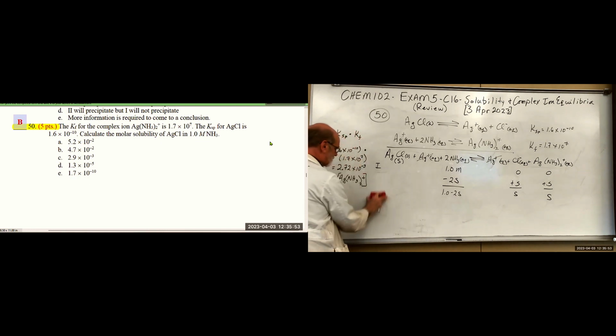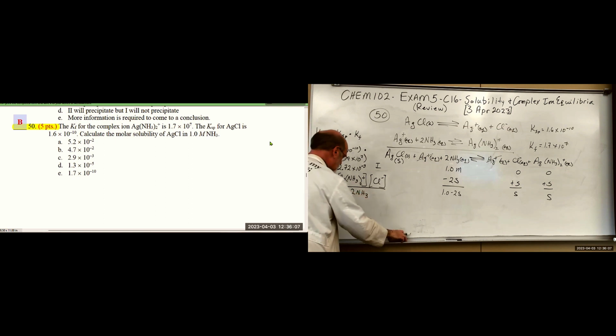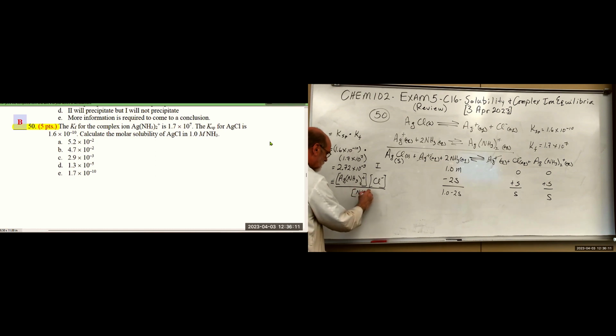And then we have the chloride. There we go. And then on this side, we have ammonia to the 2nd power.